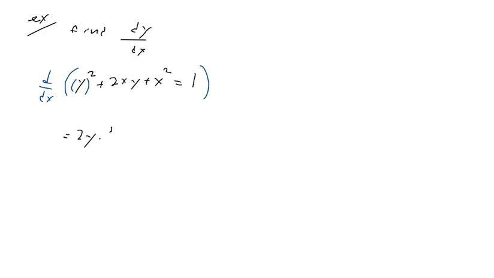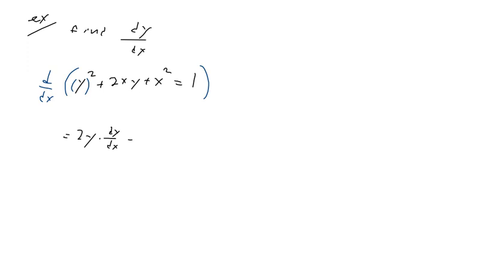There's my dy/dx. Every time there's a y, you're going to eventually get to the point where you have a dy/dx, because whatever the derivatives of the outside parts are, once you get to the y, you're going to get a dy/dx. So 2y times dy/dx. That's that one.